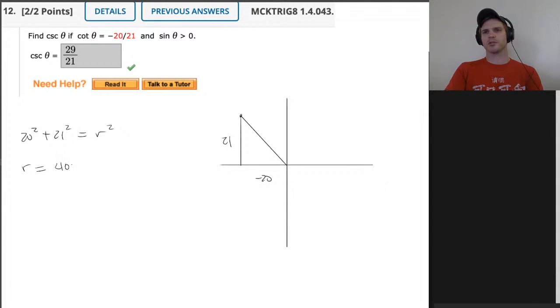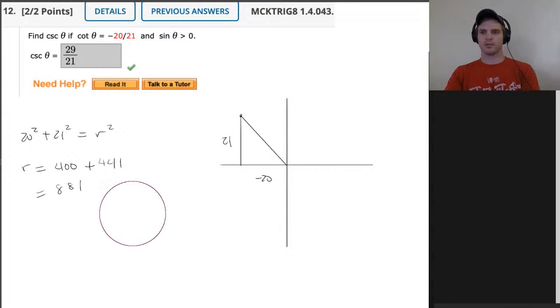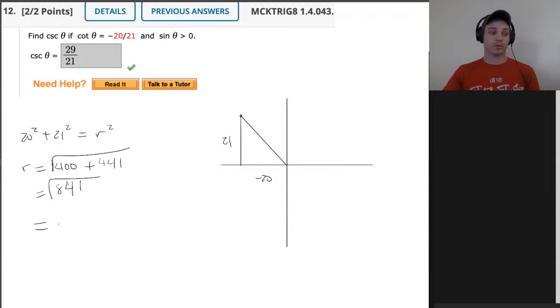This is 400 plus 441, which is 841. I'm going to remember to take the square root of that, which is 29. Okay, so that means r is 29.